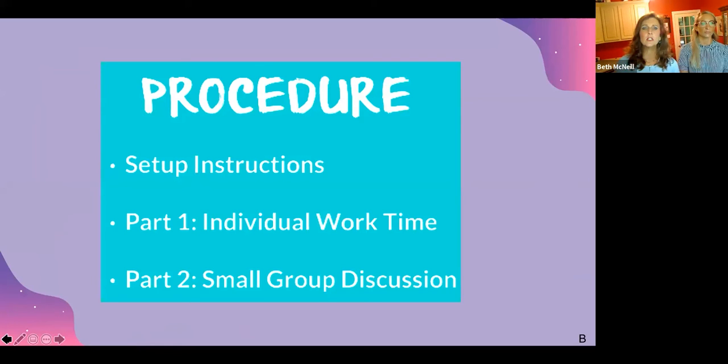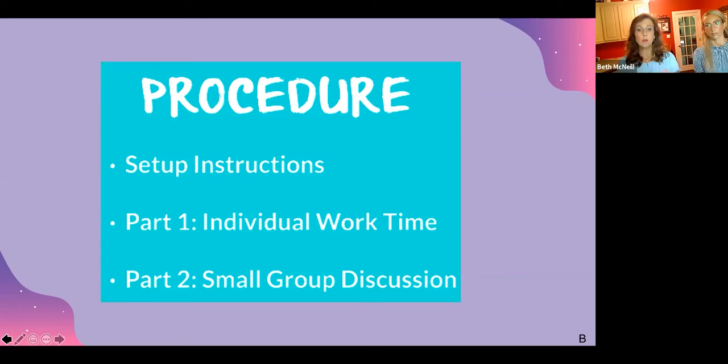So what we're going to do now is talk about the application activity or the methodology here. And really it's divided into two parts. There is a part one where the students work through the flowcharts, and then a part two where they answer some discussion type of questions. This can be done completely individually in a one-to-one situation, where they go through the whole thing by themselves, or you could pair them and have them do it as partners.